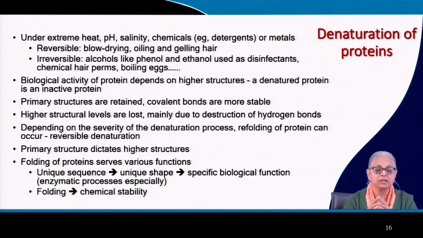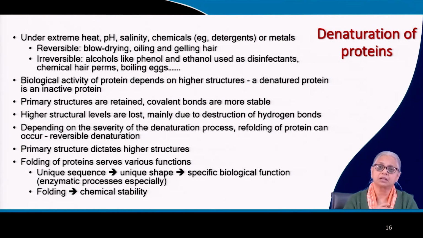When you wash your hair again, it goes back to its original form, which is dictated by your genetic code. Same thing happens with oil, same thing happens with gel. So you have all these products in the market which allow you to set your hair, but it's reversible because when you wash it, it comes back to its original form.